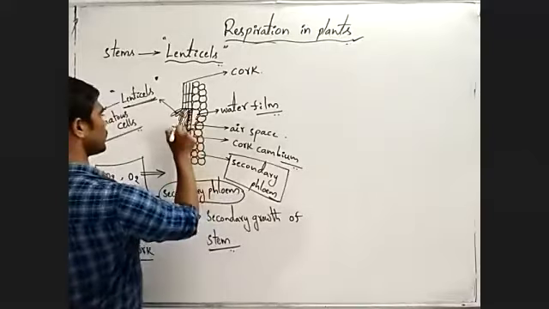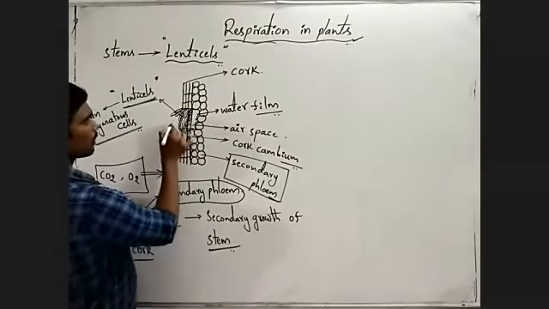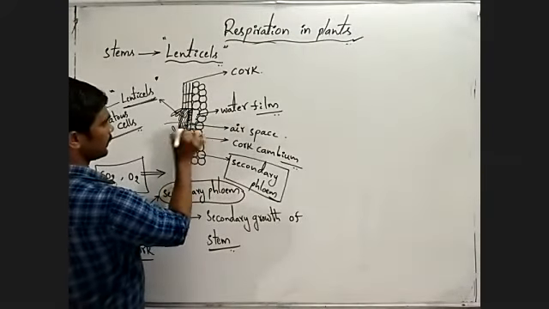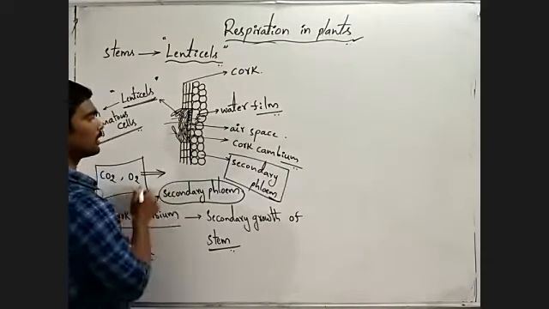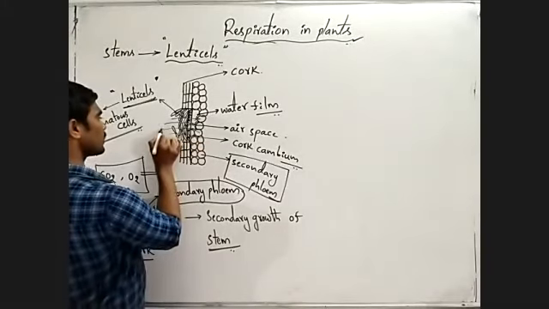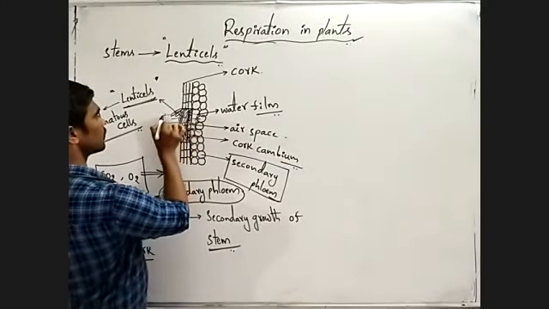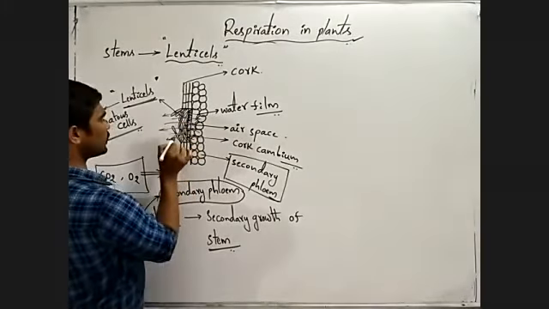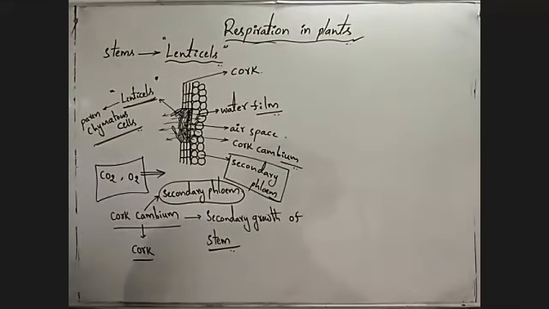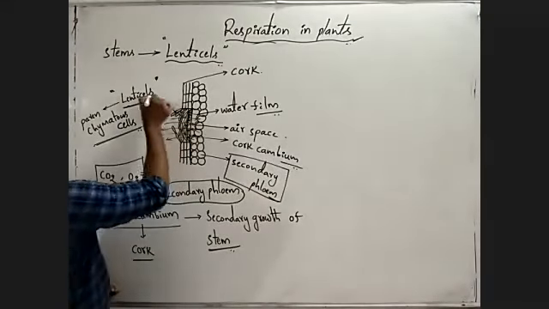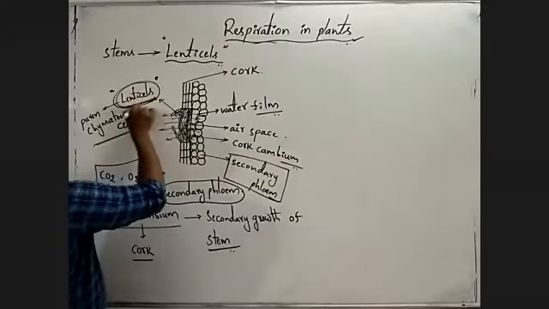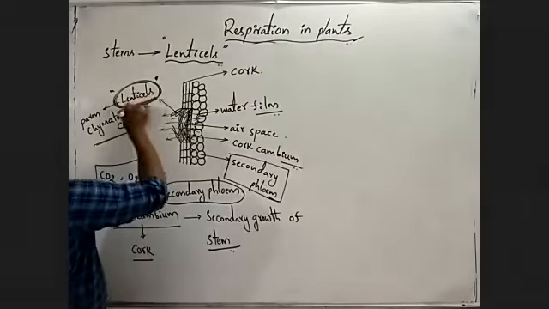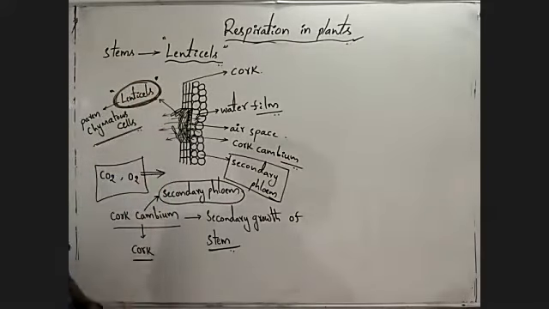Through these parenchyma cells, gases can enter into the stem, and gases can go out of the stem. These areas are called lenticels.